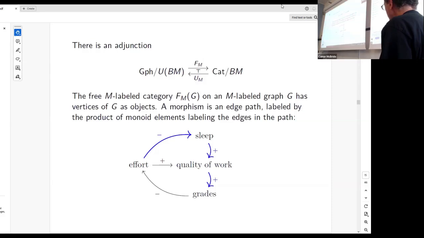There's also another morphism from effort to grades, which is the one that you more likely think about at first, which is where effort has a positive effect on grades because it affects your quality of work in a positive way, and that affects grades in a positive way. But that's a different morphism. Here I'm thinking about this morphism here, which is the way in which effort has a negative effect on grades. So when you have a big complicated causal loop diagram, there are all these edge paths in it, which will all be labeled by monoid elements, which describe various indirect impacts of one entity on another.